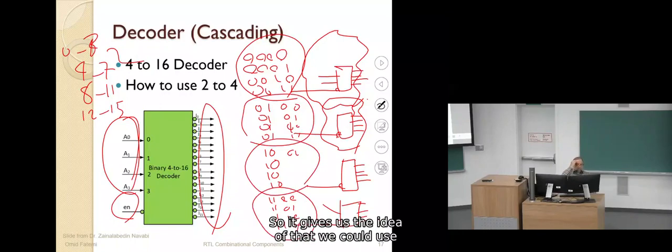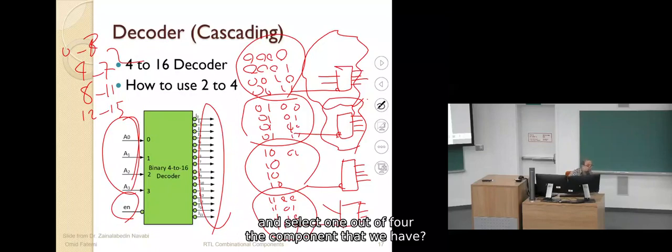So it gives us the idea that we could use A2 and A3 to select the one that we would like. Okay? So how do we select that? How do we use 2 input pins, 2 input bits, and select 1 out of 4?